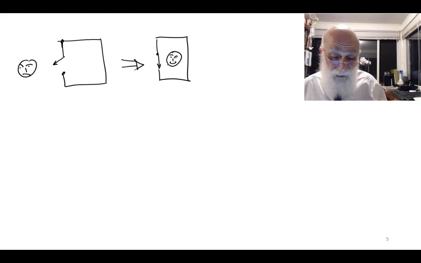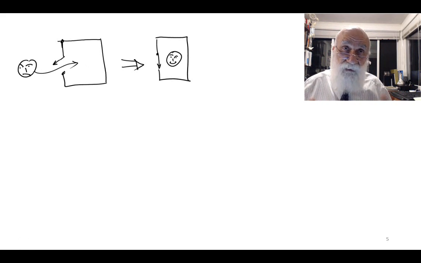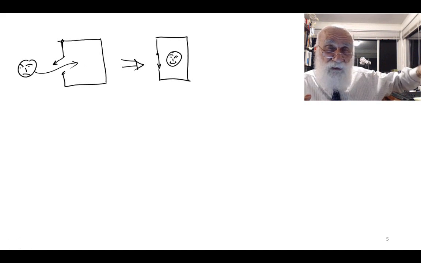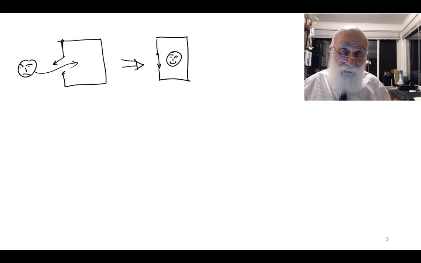Okay, let's see what happened. When the door was open and you were trying to get in, there was a transparency between the outside cold and the inside air-conditioned environment.